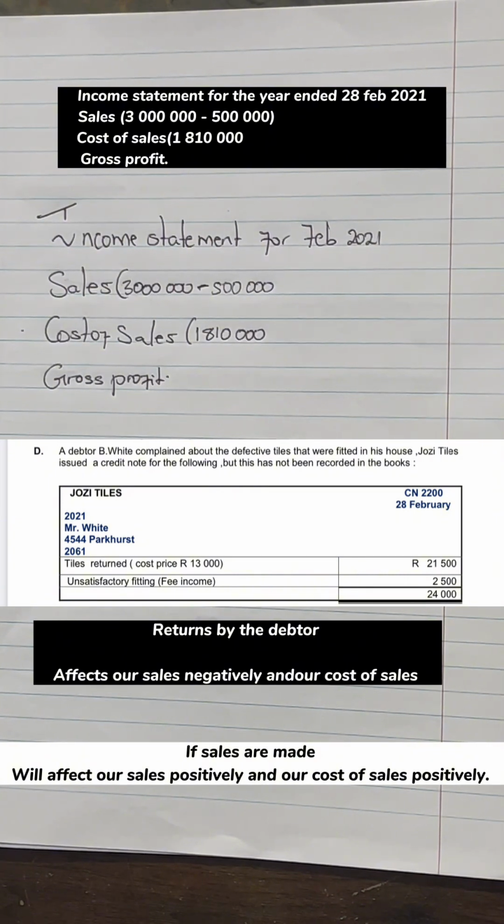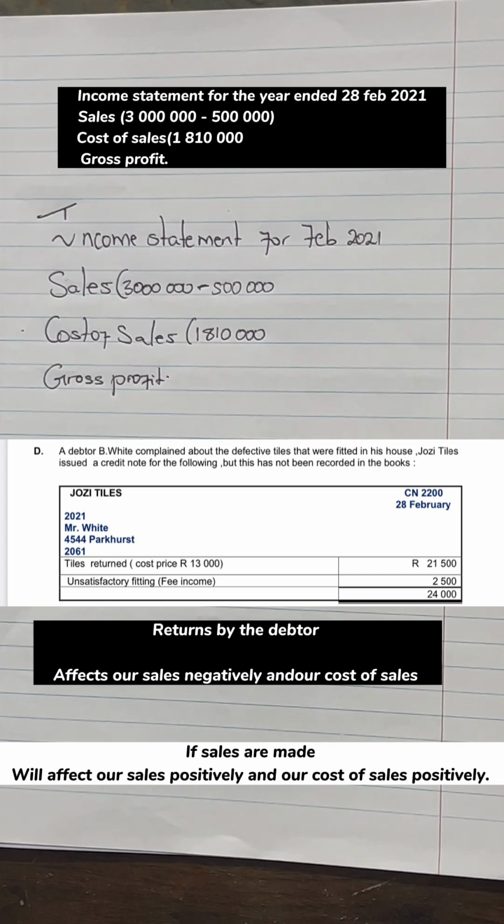Josie Tiles issued a credit note, but this has not been recorded in the books. Meaning, guys, we have a debtor who complains about our tiles not fitting in his house. So we need to allow this debtor to return the goods and services we sold to him.